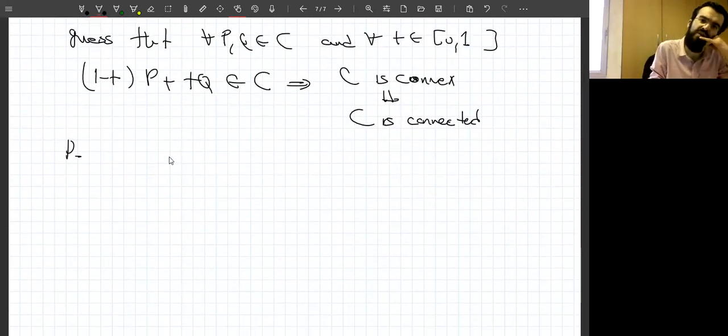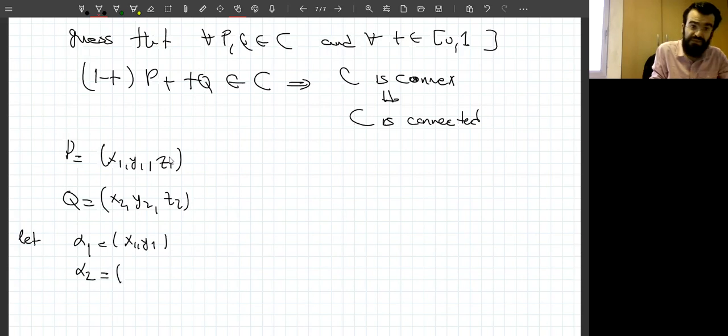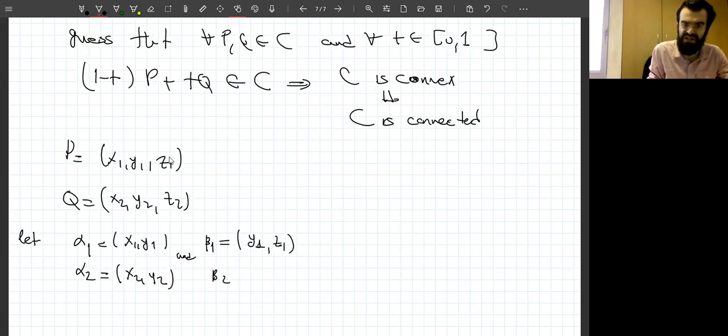Let P be (x1, y1, z1) and Q be (x2, y2, z2). Again, let alpha 1 be the first two components of P, alpha 2 the first two components of Q, and beta 1 the last two components of P, and beta 2 similarly.